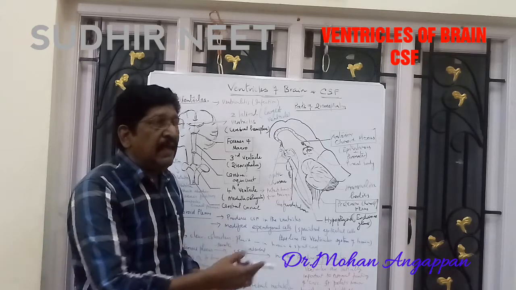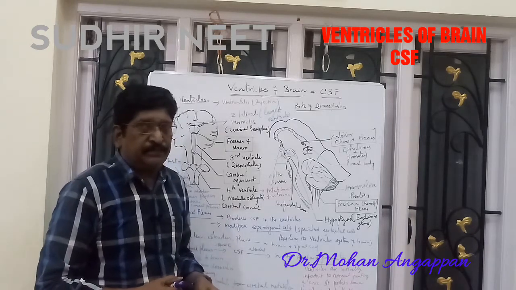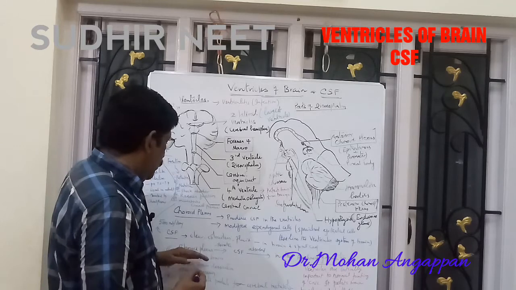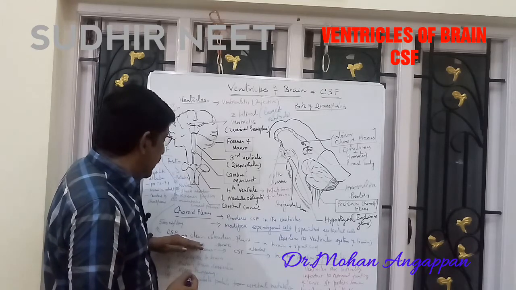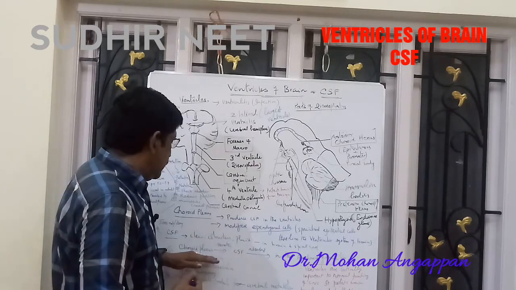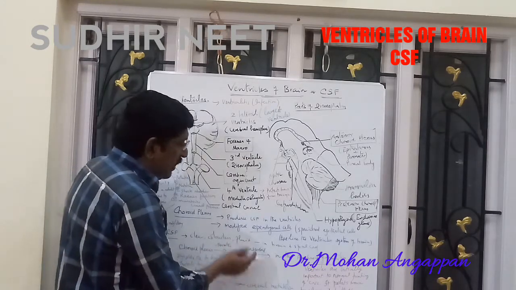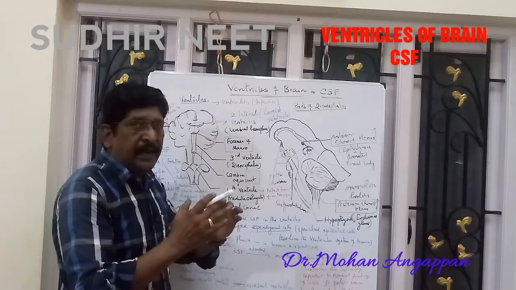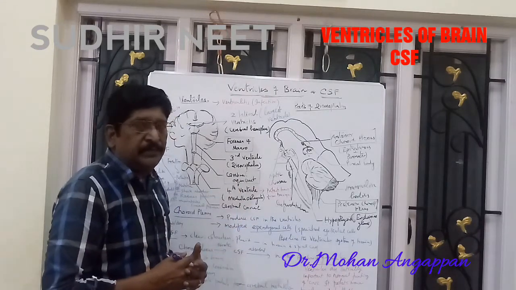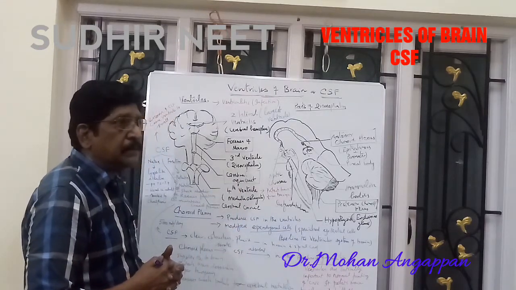So CSF is a clear colorless fluid secreted by the choroid plexus, and finally it is absorbed in the arachnoid granulation, in the arachnoid space.